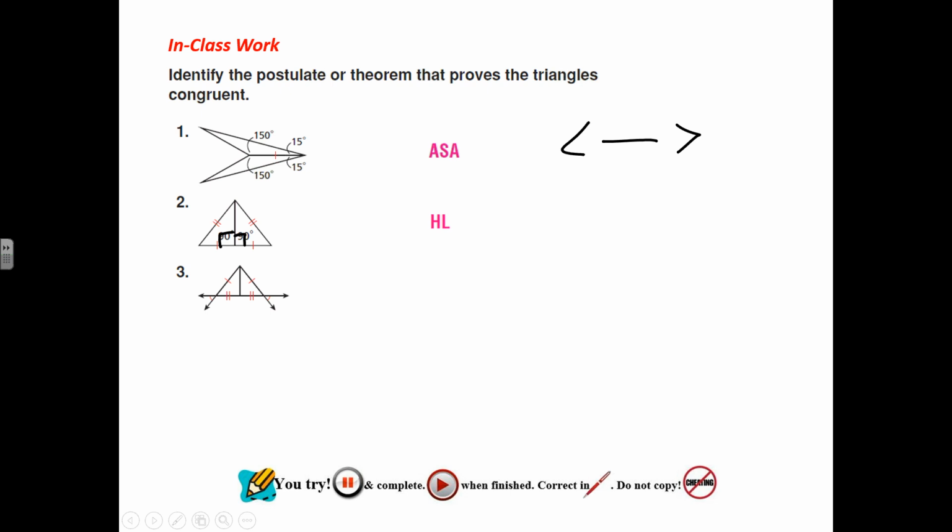Right triangles. This one would be side, side, side, or side, angle, side. Why? Because if you have 2 equal sides, you have 2 equal angles. So it could be side-angle-side, or because all the way around, side, side, side.